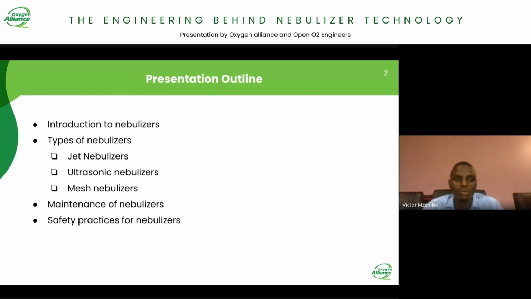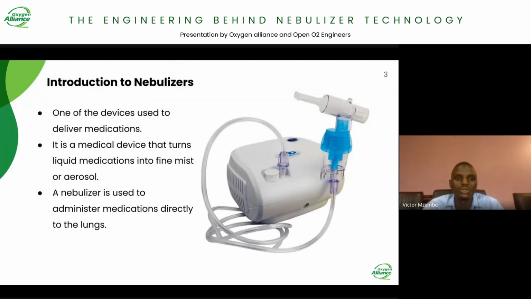And then we'll look into the different types of nebulizers, under which we'll cover the jet nebulizers, the ultrasonic nebulizers, the mesh nebulizers. And then we'll go on to looking at the maintenance of these nebulizers as well as their safety practices.